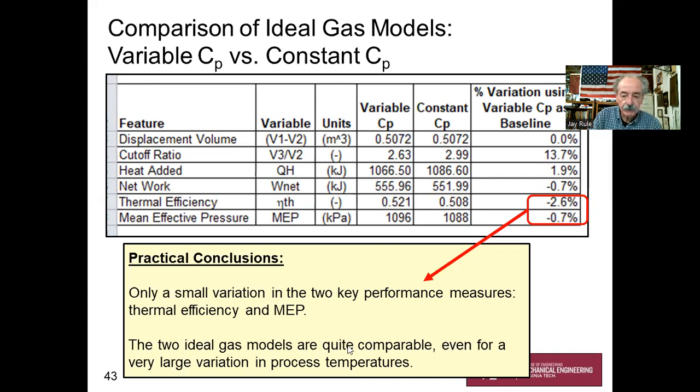Even when the temperature difference was huge, the minimum to the maximum temperature, remember, 2200 was the max and 290 K was the min. So even with a very large variation in air temperature change, we get comparable numerical results.